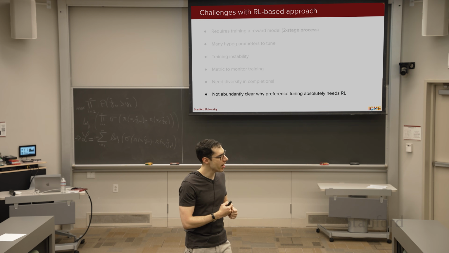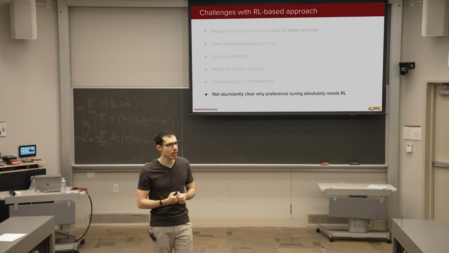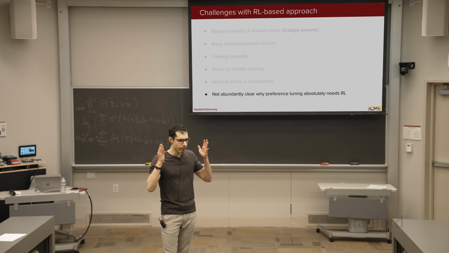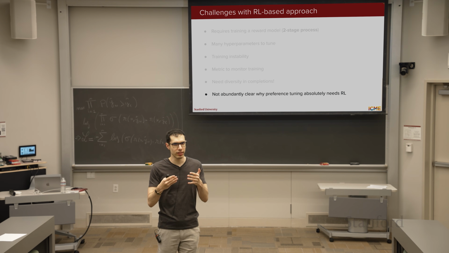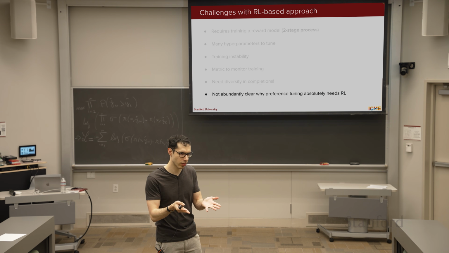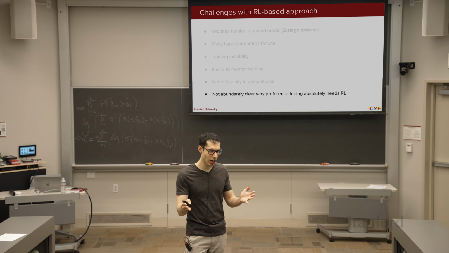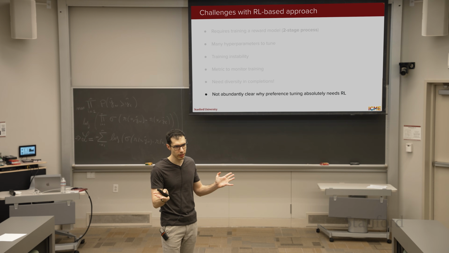So the question is, why don't we do SFT on this preference data? Well, in SFT, you tell the model you should generate this, given this input. Then you should generate this, given this input. But you're not telling it about things it should not generate. Let's suppose you have something that you don't want to happen.